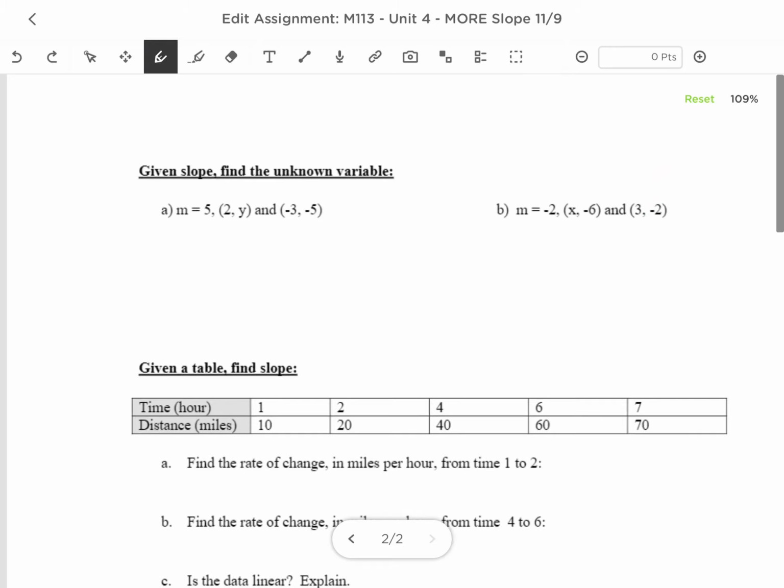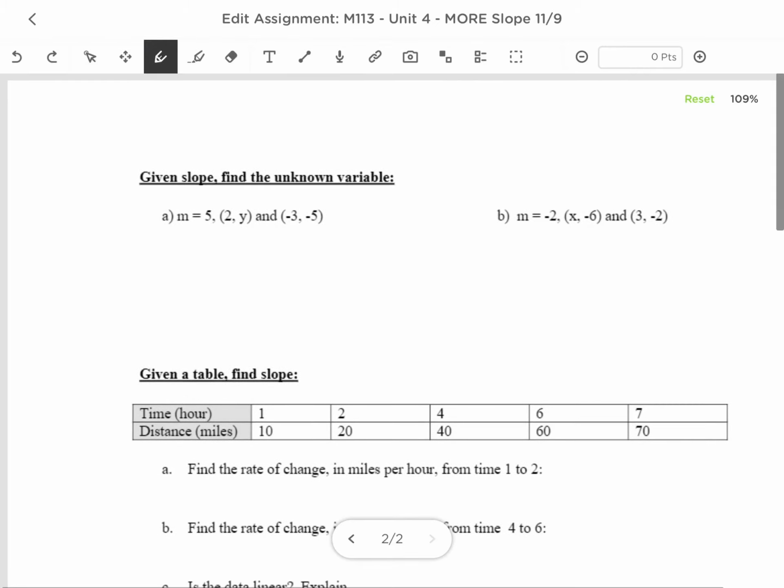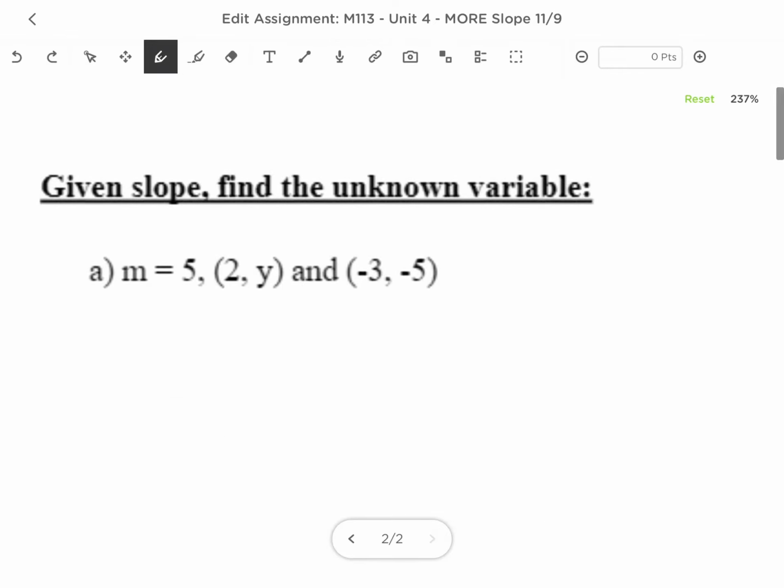So the next step, which is a little more challenging, is to find an unknown variable or an unknown point when we're given the slope. So we're given the slope equals 5. We're going to say this is x1, y1, x2, y2.